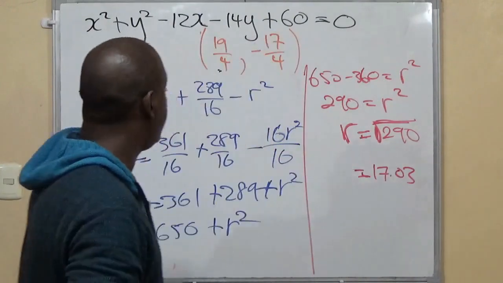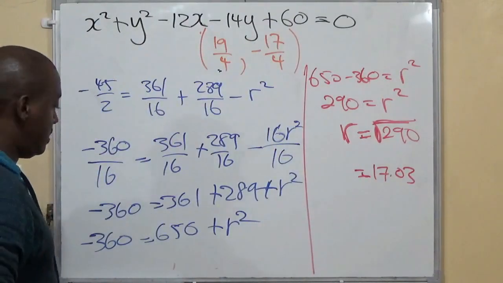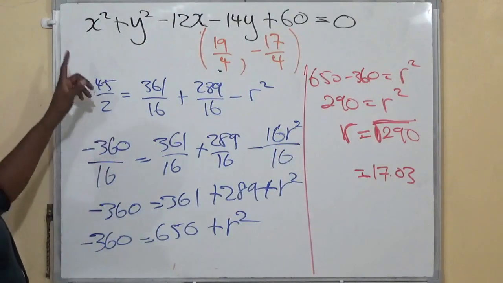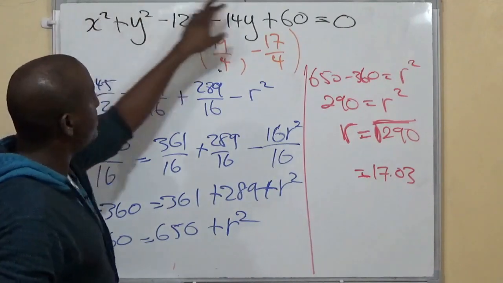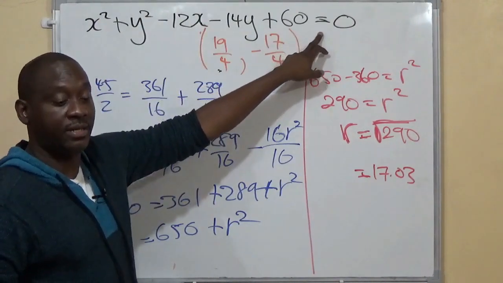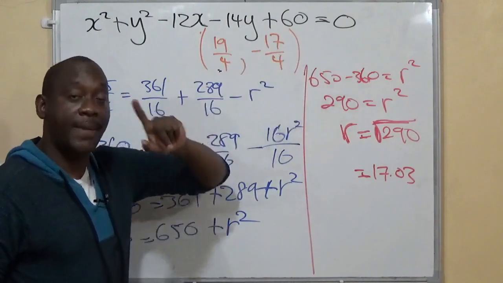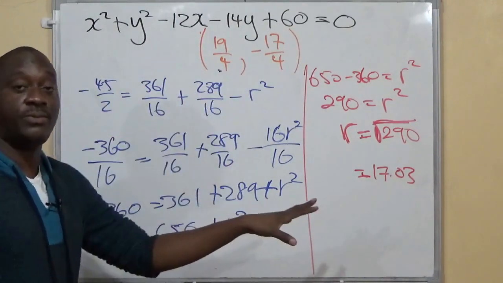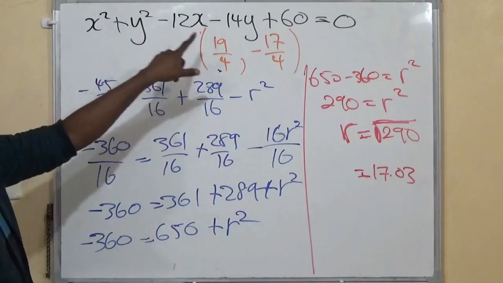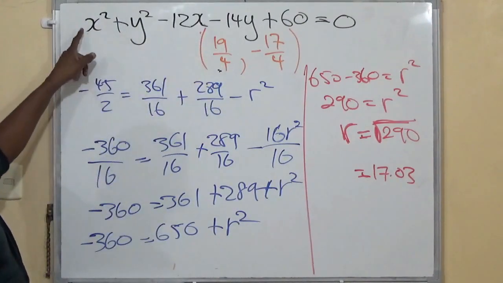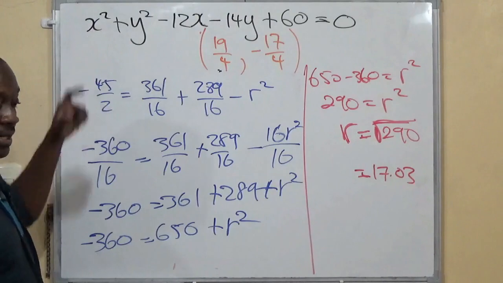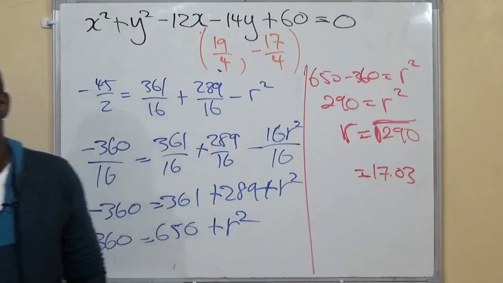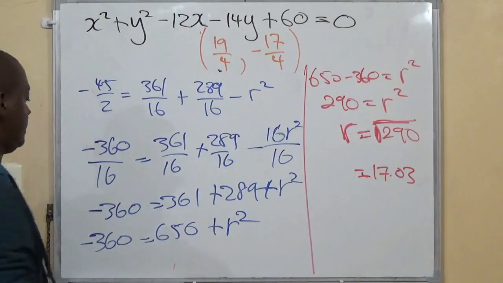So now back to the original matter at hand, which was to switch from the general form to the standard form. Reminder that you can only do all of those things that we just did if the equation is expressed in a form where the coefficient of x squared and y squared is equal to 1 in both instances. Good?